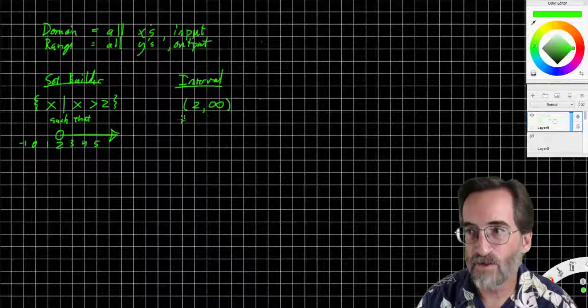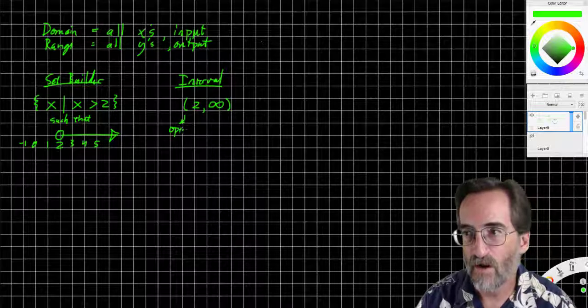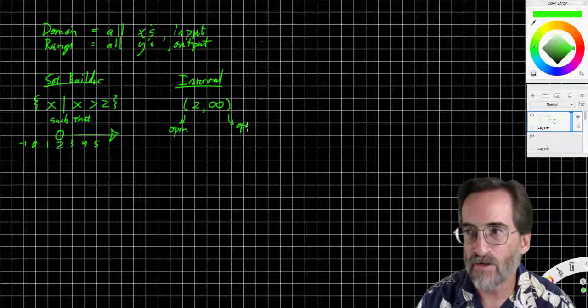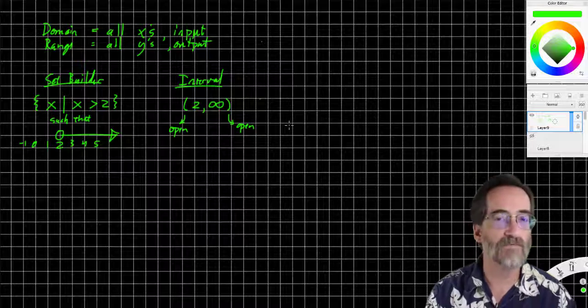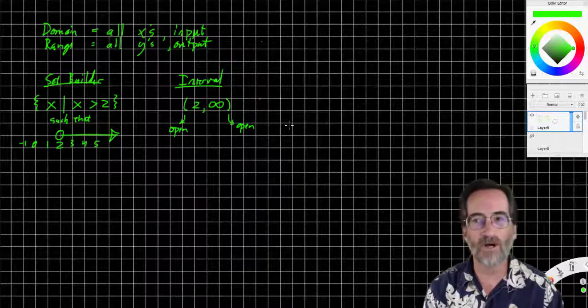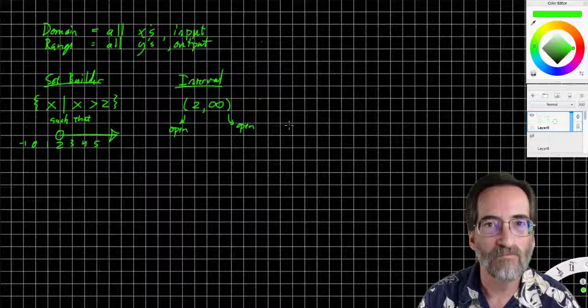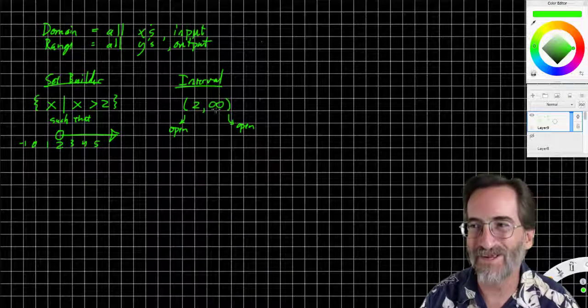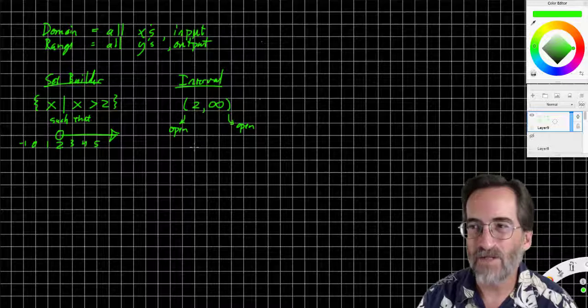This is called an open boundary. And by the way, if one of the boundaries is infinity, that is always open, because infinity is a quantity that you never reach. It's an unbounded boundary, so it's a non-boundary boundary, so to speak.